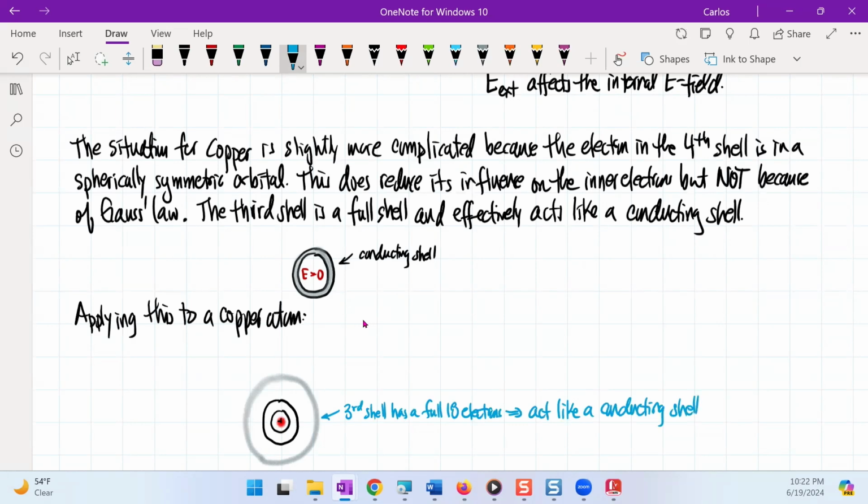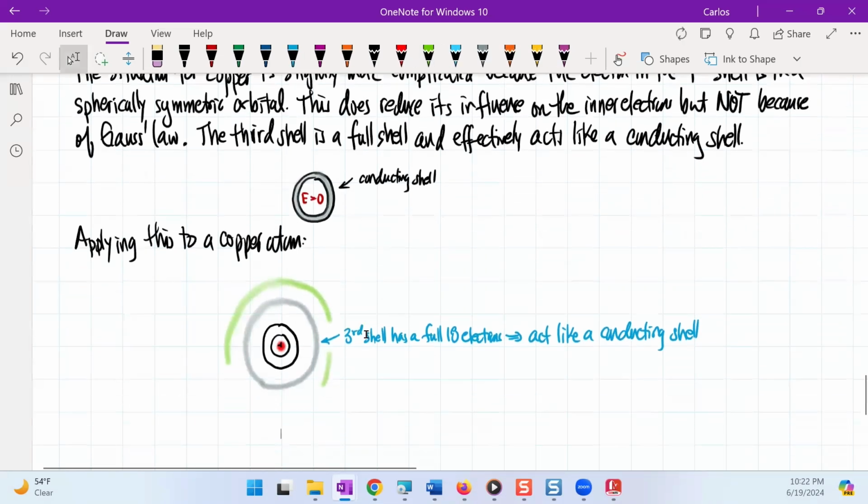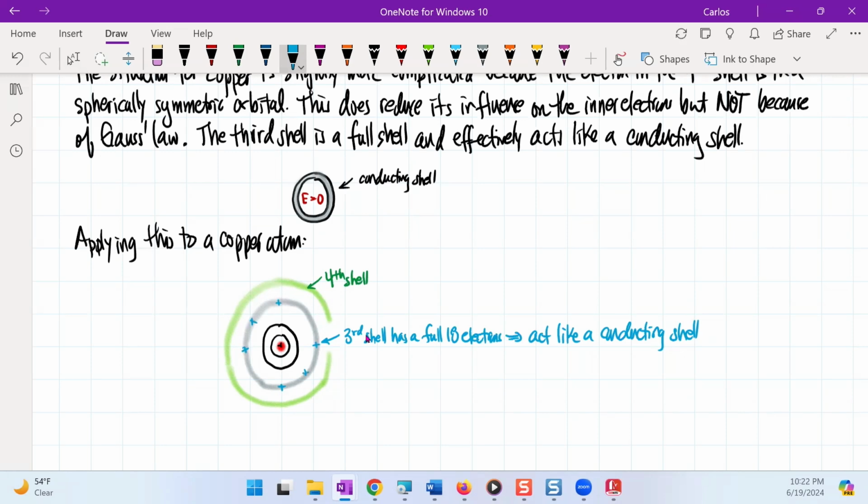Now, if I look at the electron that is in a spherically symmetric state as it's going around here, this is the fourth shell. I'm seeing that I have charges that are spherically symmetric in this shell, and they act like a conducting shell.